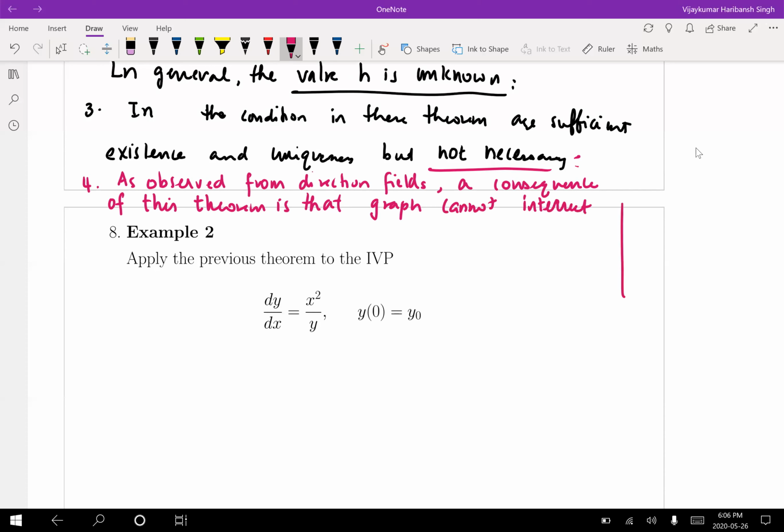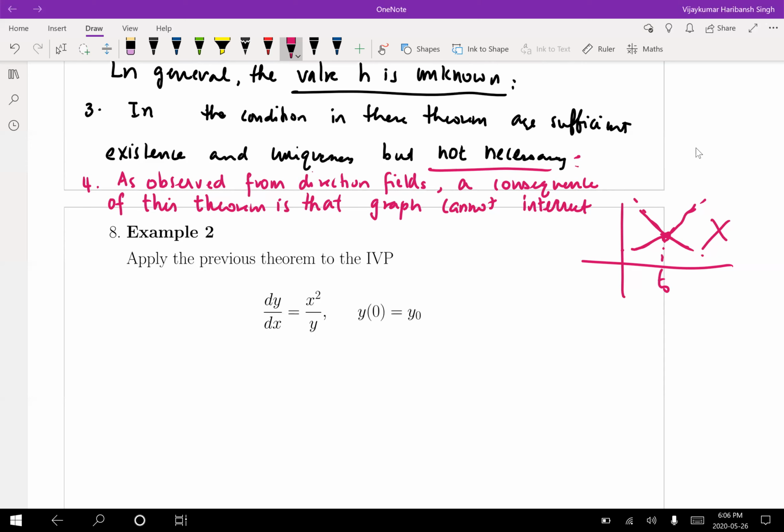Yeah, you can't have one direction field going like that and the other one going like that. This is not allowed. Otherwise two solutions can be constructed with the same initial condition here. So if you call this the initial condition, you'll have two solutions, right? Which is not true. So that's the idea.